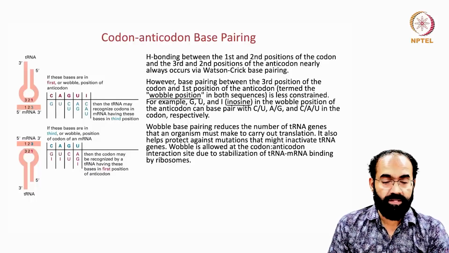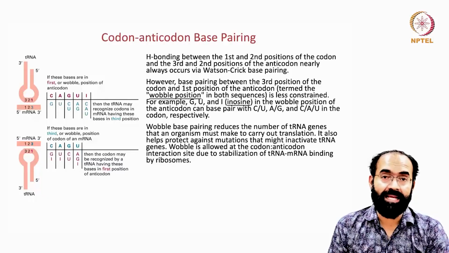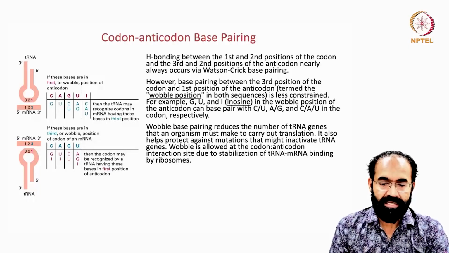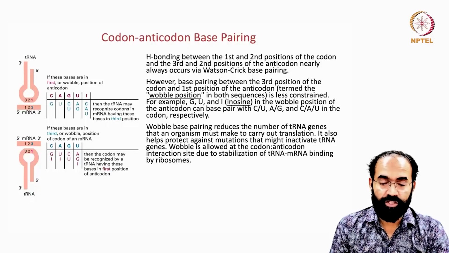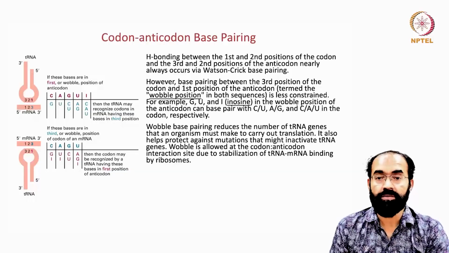For example, G, U and I, where I stands for inosine, which occurs in the tRNA as a post-transcriptional modification. In the wobble position of the anticodon, they can base pair with C, U, A, G or C, A and U, because I can pair with any of these bases in the codon respectively.